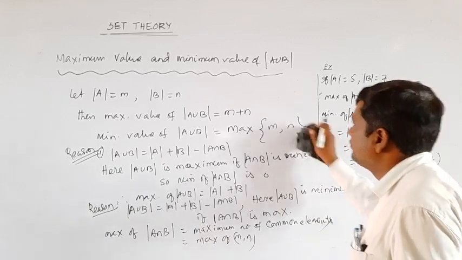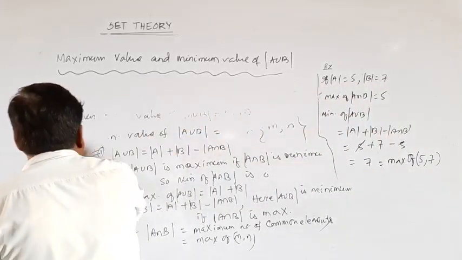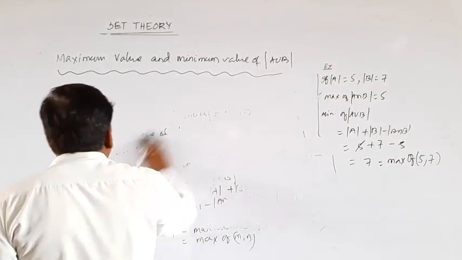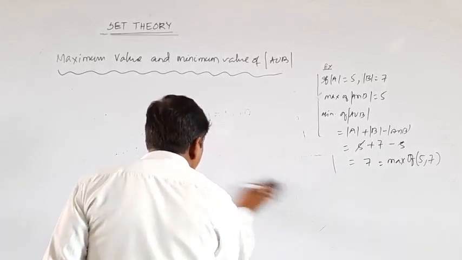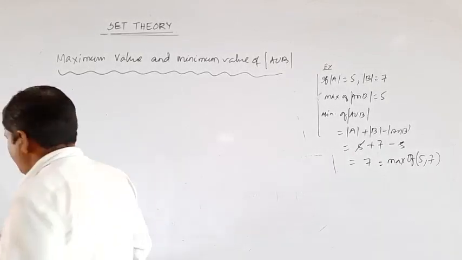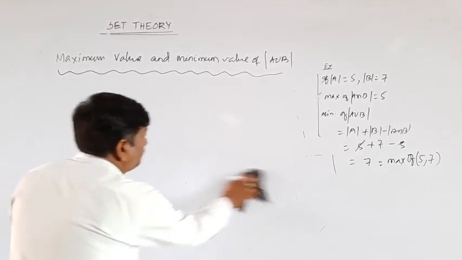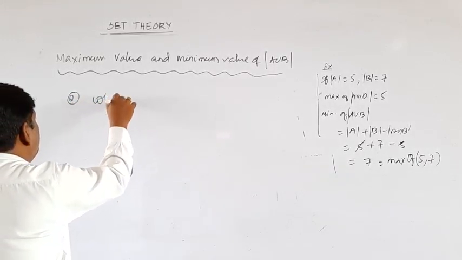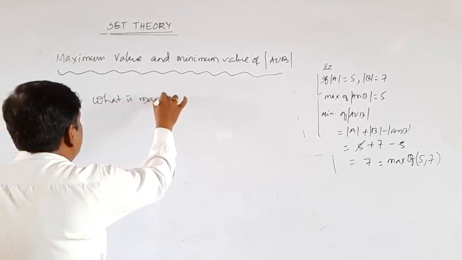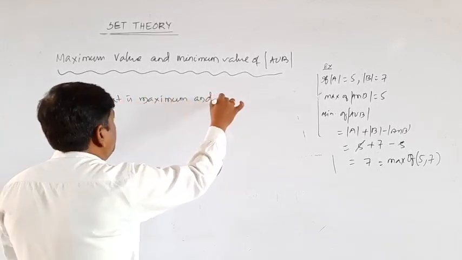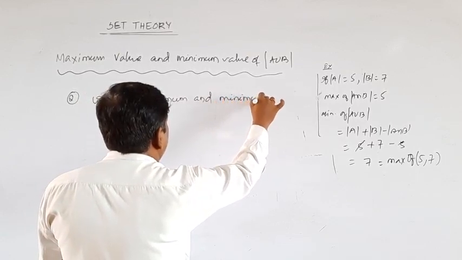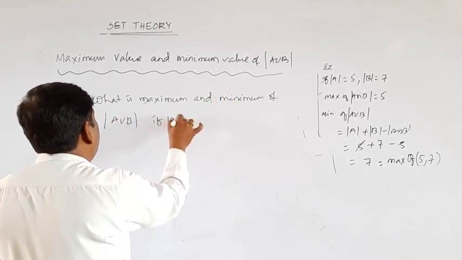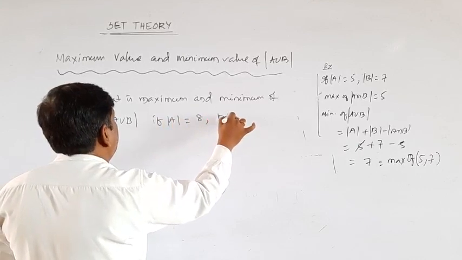One question. What is the maximum and minimum of cardinality of A union B if cardinality of A is equal to 8, cardinality of B is equal to 3?